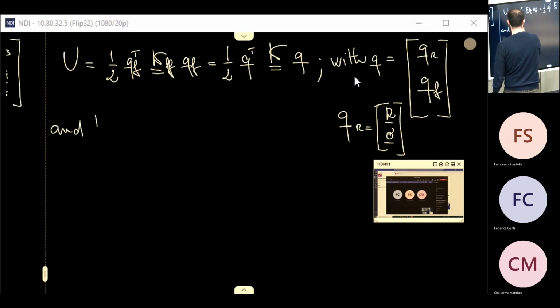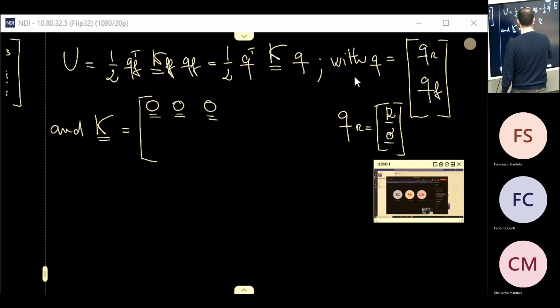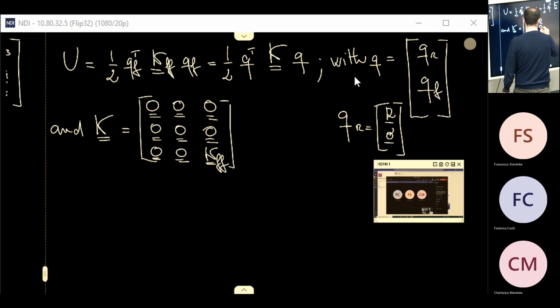And K becomes as follows: 0, 0, 0. Because here in this writing, you should imagine here having r, theta, sorry, only one, and then here you should have f, pre-multiplied and post-multiplied by B. Okay, is this clear?